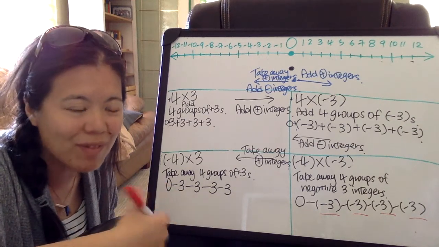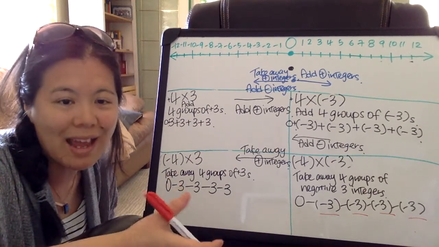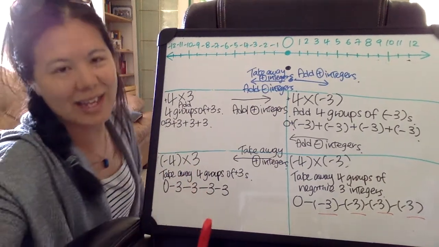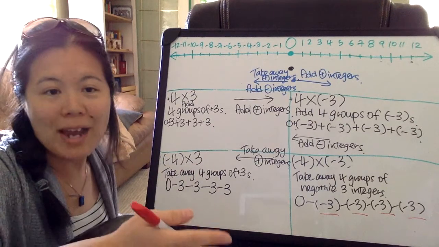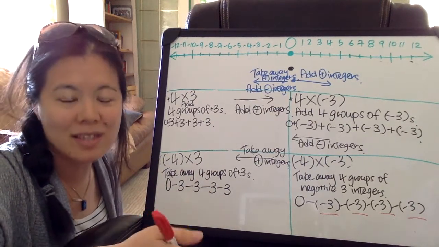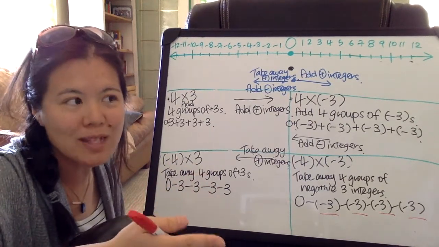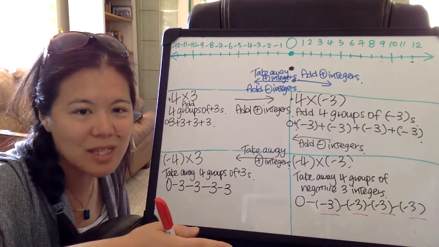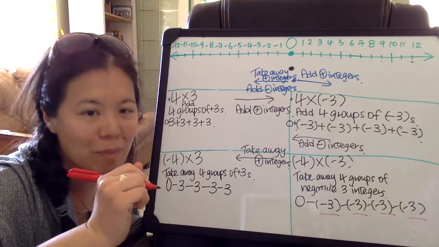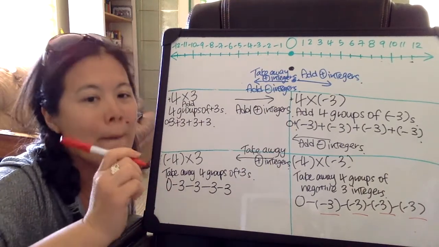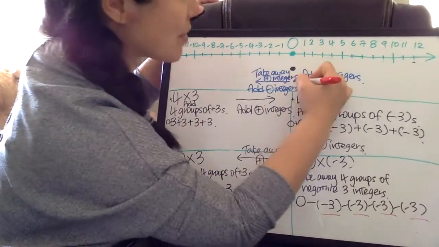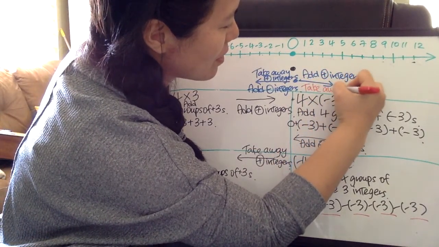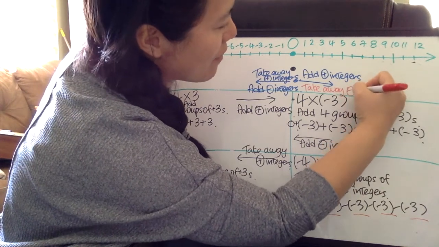As Sherlock Holmes said, if you eliminate the impossible, whatever remains, no matter how improbable, must be the truth. So if I eliminate the impossible, which is the left, what remains, which is to go right, must be the truth. So I am taking away negative integers.